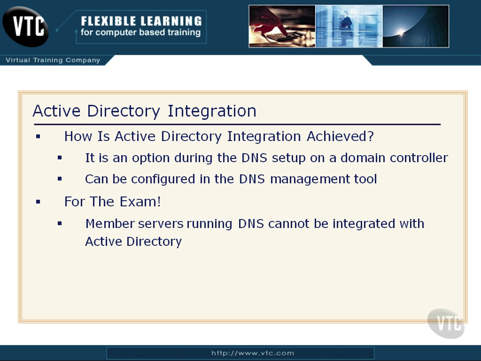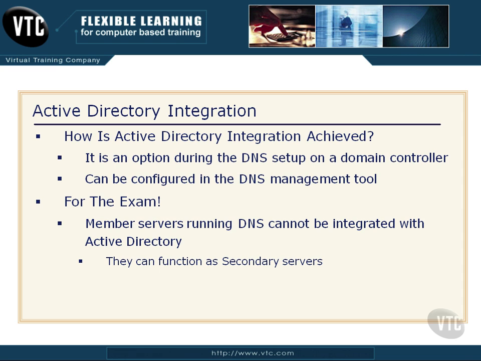You have to be running DNS on a domain controller. A member server running DNS can function as a secondary server, though. So keep that in mind. Keep these two statements in mind, and that will help you navigate around some of the slightly more confusing questions that you might run into concerning Active Directory and DNS integration, okay?